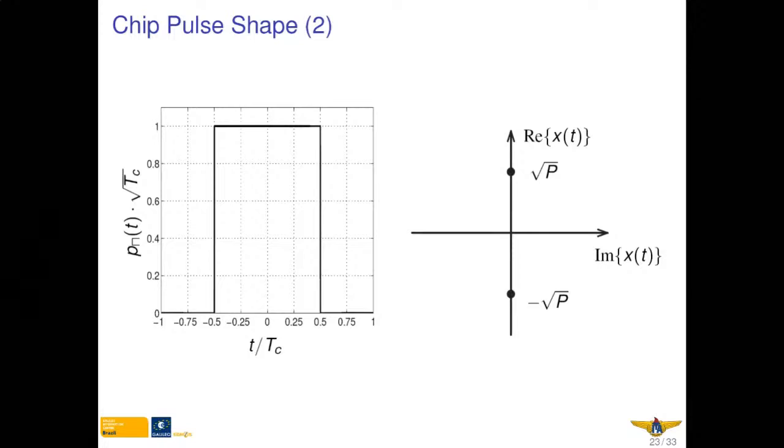Here on the left-hand side, you can see the chip pulse shape, so it's a rectangle. And on the right-hand side, you can see the modulation diagram where we have the real part of the received signal and the imaginary part of the received signal, and we have only two states, so it's a binary phase shift keying signal.